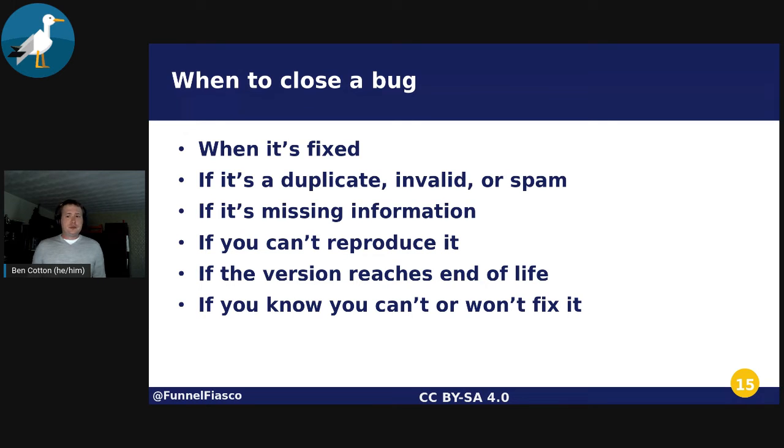If it's missing information, or if you can't reproduce it, after a while, it's probably a good time to close a bug. If it's reported against a version that has reached end of life, you can close the bugs because that's what being end of life means. It means you're not going to fix that version anymore. And then sometimes there are just other reasons where you can't or you won't fix it.